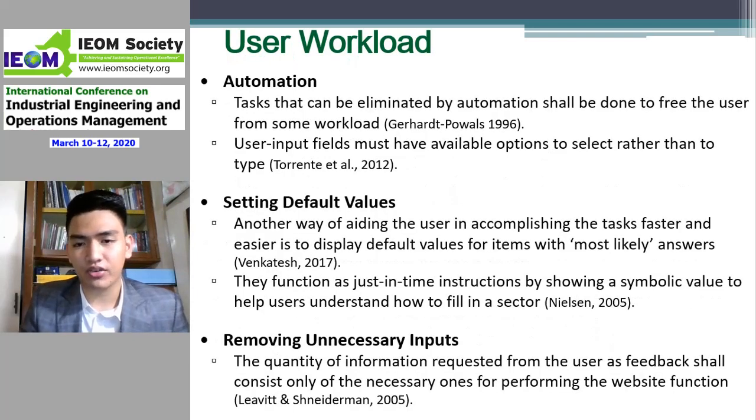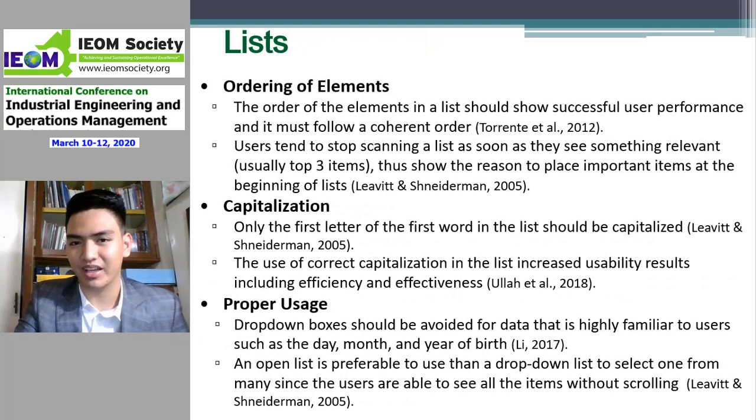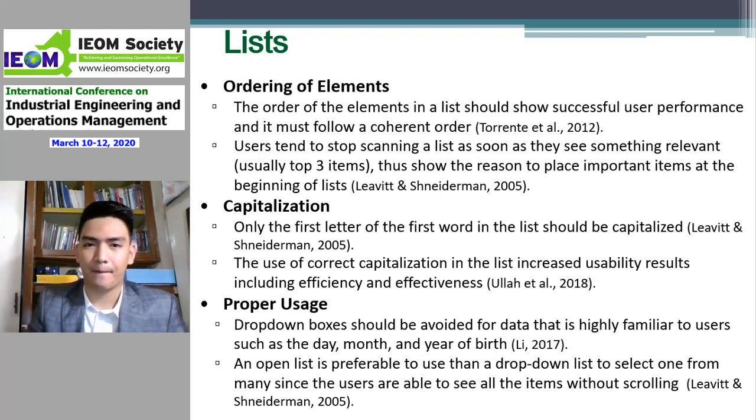For the second design factor, we have the user workload, with automation, setting default values, and removing unnecessary inputs as the sub-design factors. And lastly, the lists, where the ordering of elements, capitalization, and proper usage were found to be the critical considerations on the usability of a website.